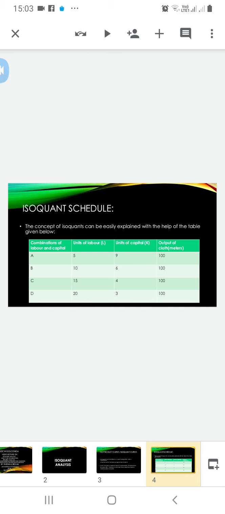Isoquant schedule. This concept of isoquant can be easily explained with the help of the table given below. Assume that two factors, L and K, produce a particular commodity in combinations A, B, C, D. These combinations of the two factors give the same level of output. Here, look, 100, 100, 100.